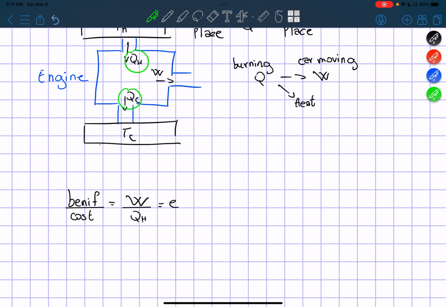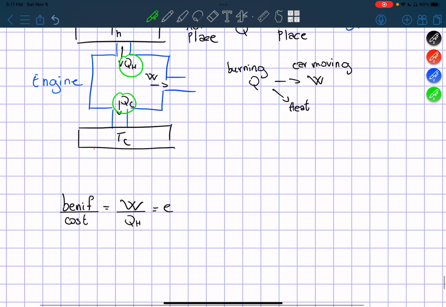While QC is instead the heat that goes toward the cold reservoir. So for example, QH is the energy that is created by burning fossil fuel if we have a car with a gas engine, and work is the energy that then moves the car. While Q cold is the energy that goes into heating up the engine, and then of course the environment all around.